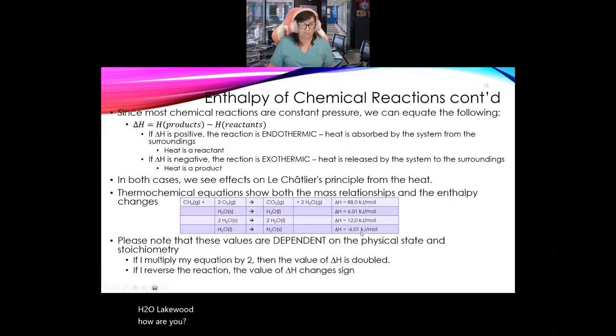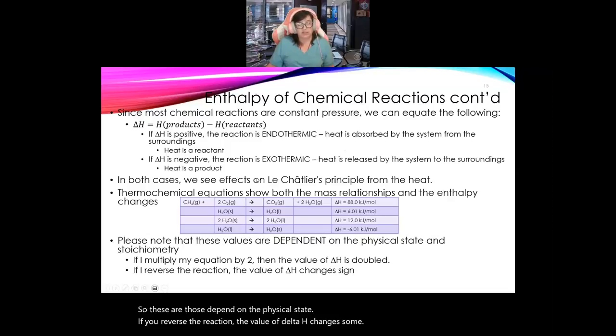We've seen that before. So these values depend on the physical state and the stoichiometry. All right, so if I multiply my equation by 2, then the value of delta H is doubled. If you reverse the reaction, the value of delta H changes sign.